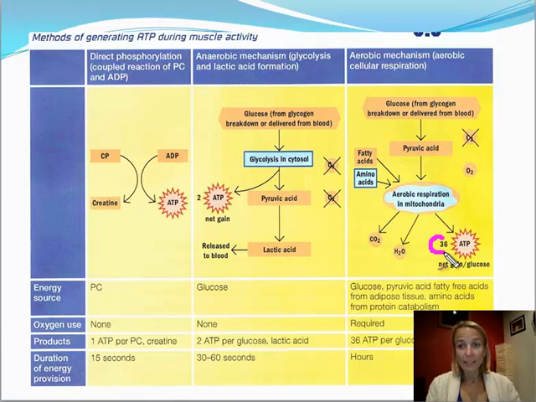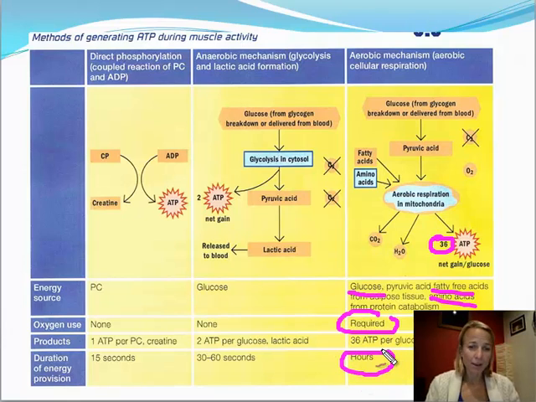Here we can see that we get 36 ATP when we use the aerobic energy system, using carbohydrates. We can use glucose, which comes from glycogen or carbohydrates, free fatty acids from triglycerides, and amino acids from protein. Yes, we need oxygen, and we get carbon dioxide and water.